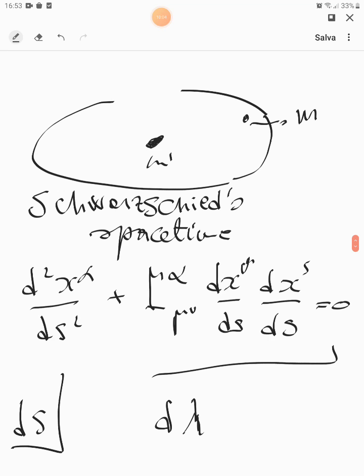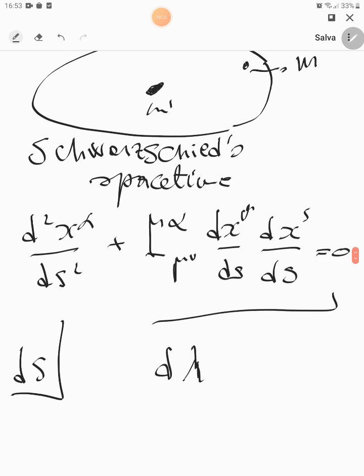This particle can be a body, so this body can be me, and this body can be light too. In the case of light, we have a different case because light hasn't got any mass.